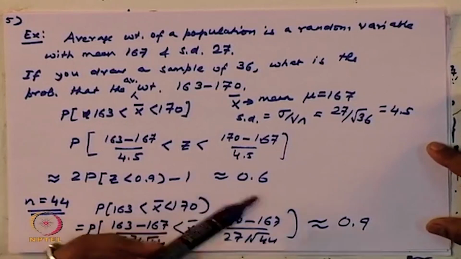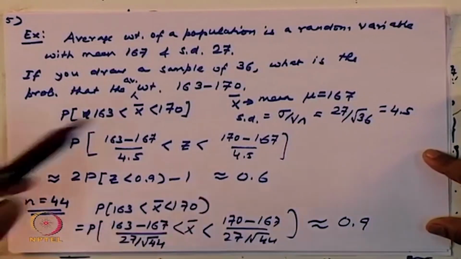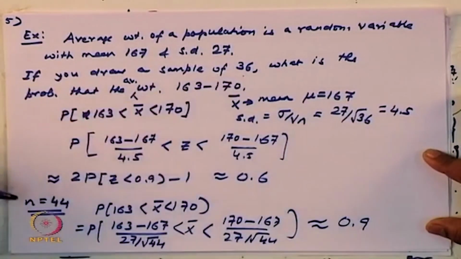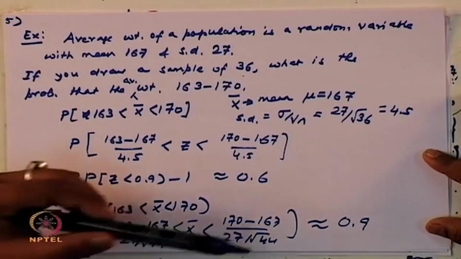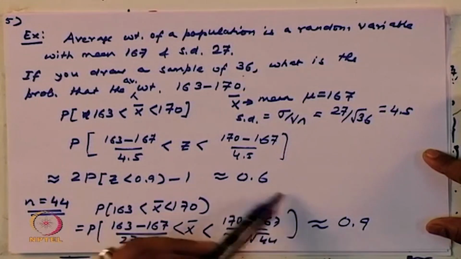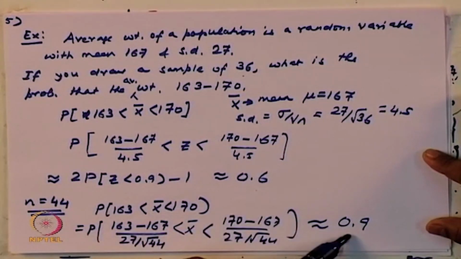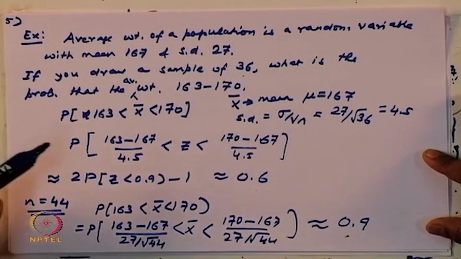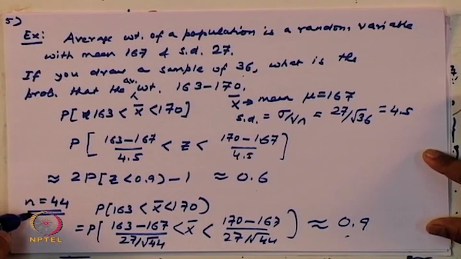So, what you see is by increasing the sample size merely from 36 to 44, your probability of this estimation increases drastically. From 60% you go as high up to 90% even for a small increase in sample size.